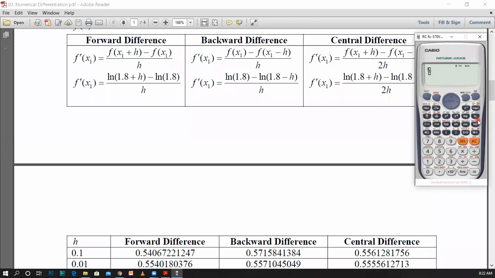Therefore, we have to include the value ln 1.8, then this value plus h. Instead of h, I will take the letter a, because I do not have the letter h in the calculator. I will take the constant a. Then this minus the natural logarithm of 1.8, then it has to be divided by the value of h. h was defined as a.